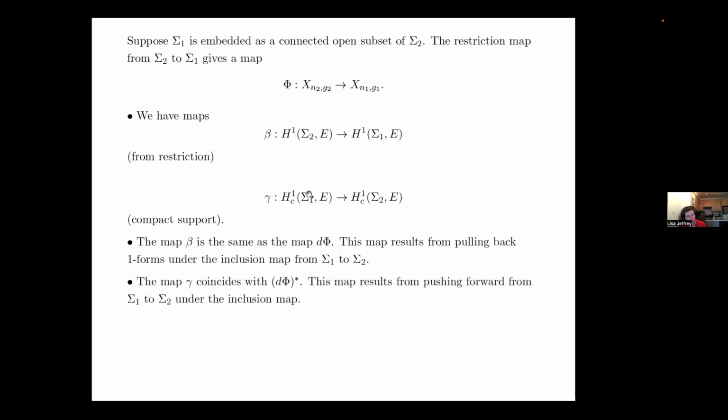And there's a map in the other direction, which is for compactly supported cohomology. So the map beta is the same as the map d phi, and it results from pulling back one forms under the inclusion map. The map gamma is actually the dual of the map d phi, and it results from pushing forward compactly supported forms from sigma 1 to sigma 2 under the inclusion map.